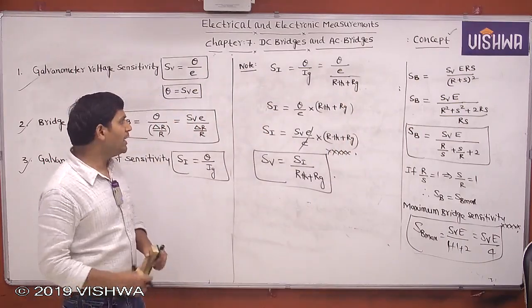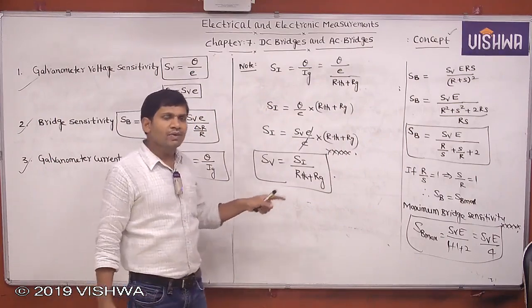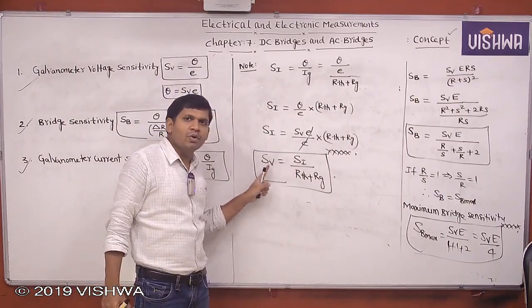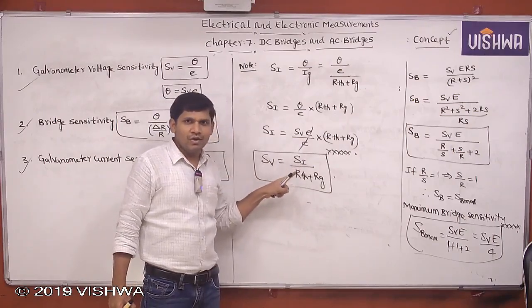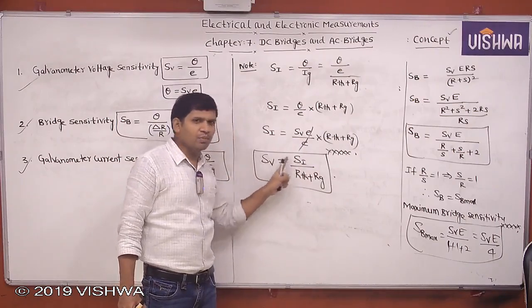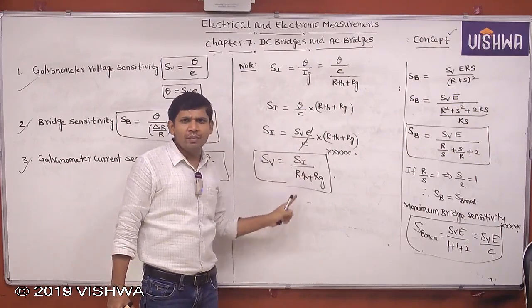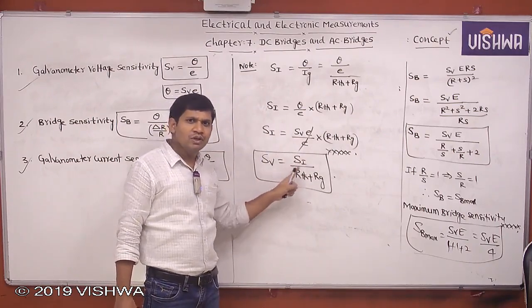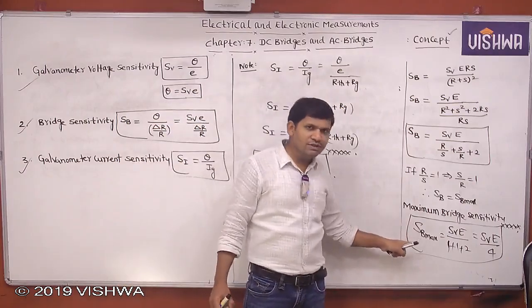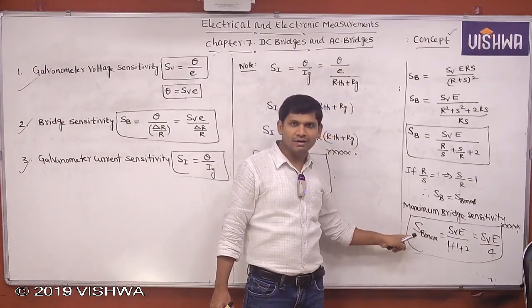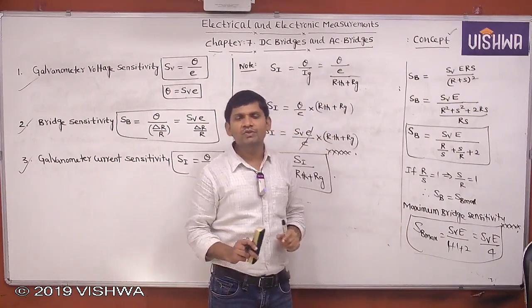In a Wheatstone bridge, by giving the current sensitivity, we may expect the voltage sensitivity, and by giving the voltage sensitivity, we may expect the current sensitivity. This relation is also very important. Till now in competitive exams no question has been based on this, but in future we can expect one.